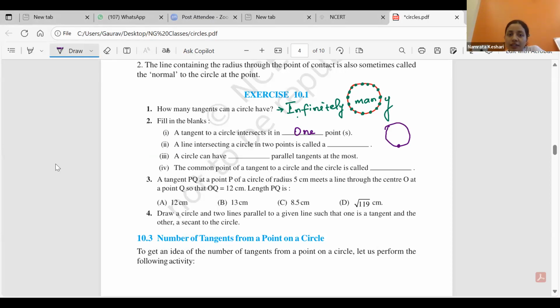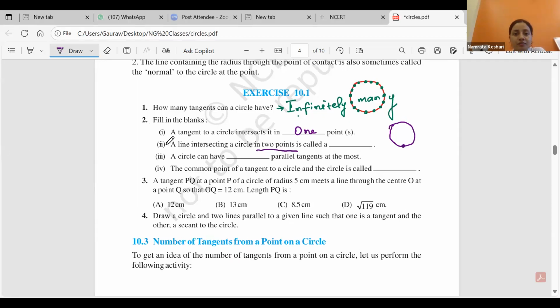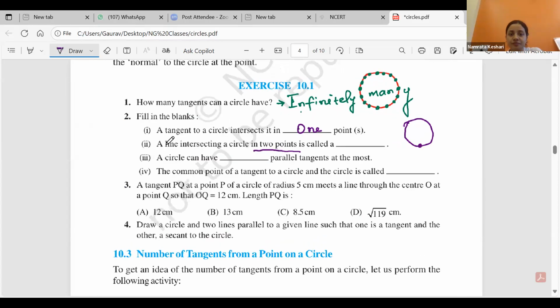Okay, a line intersecting a circle in 2 points is called, guess what will be there? Tell me, number two, what will be there in the second blank? Are you able to read it?